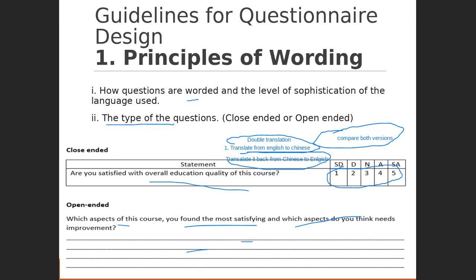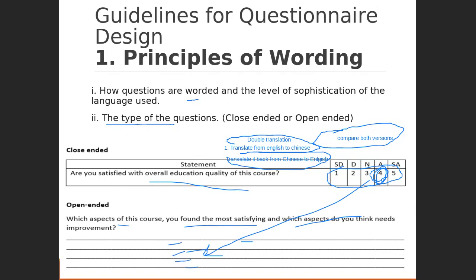So in close-ended questions, respondents are able to make quick decisions, but because all the aspects are not covered in the close-ended question, an open-ended question is also asked. If a respondent has agreed with the overall educational quality of the course, then they will tell in detail here which aspects they found more satisfying.